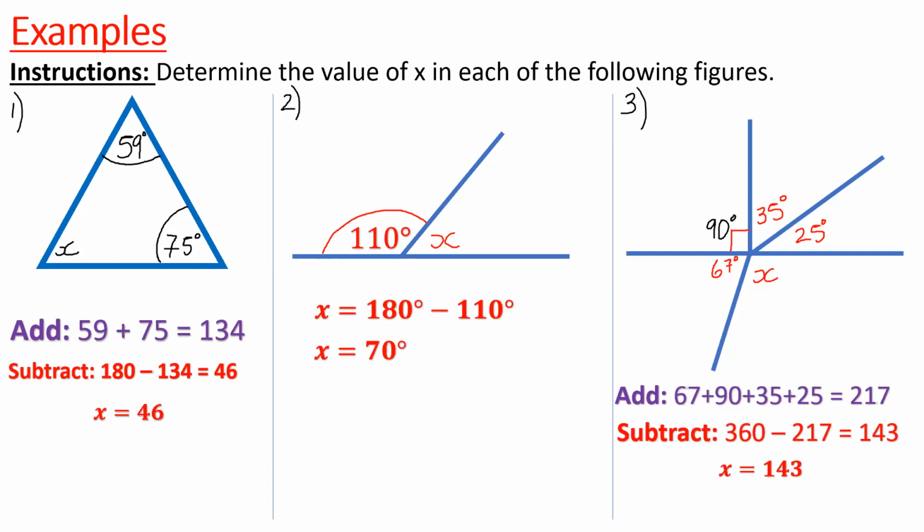You get the 180 from the triangle, and you take 134 away, which equals 46. Very good. Before we move on, make sure you remember that angles inside a triangle add up to 180. Okay, good.